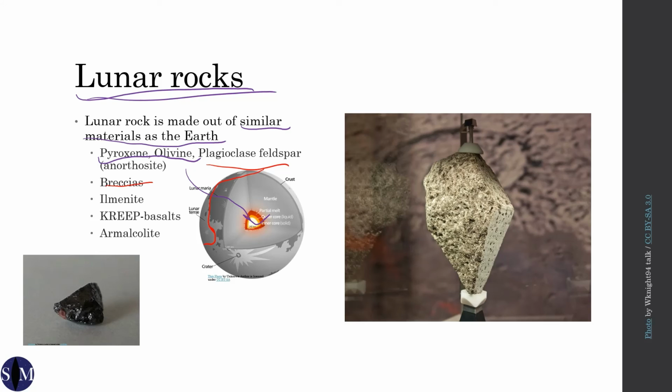Breccias are mainly found in the lunar highlands, but they're also found in the lunar maria. Breccia has 3 subcategories based off of how it was created: fragmental, granulitic, and impact melt breccias.